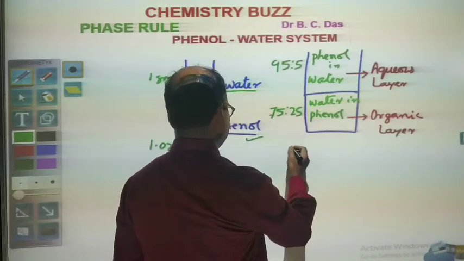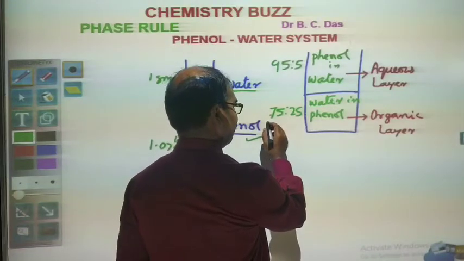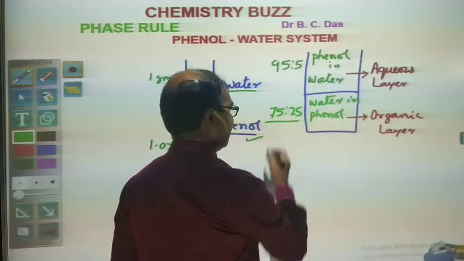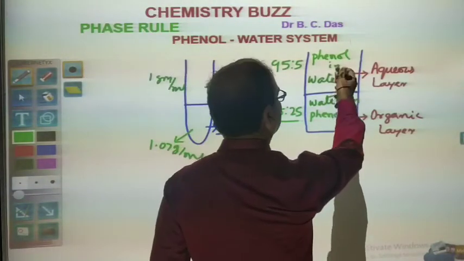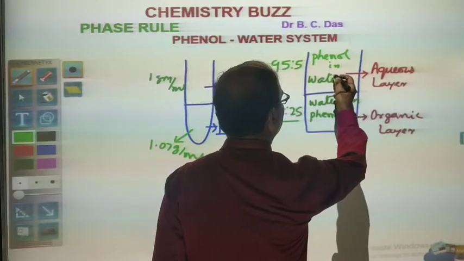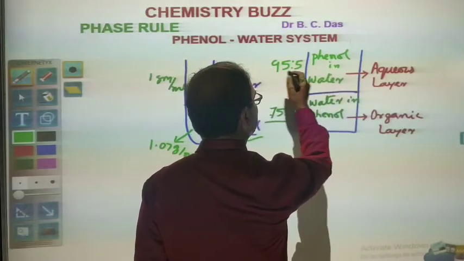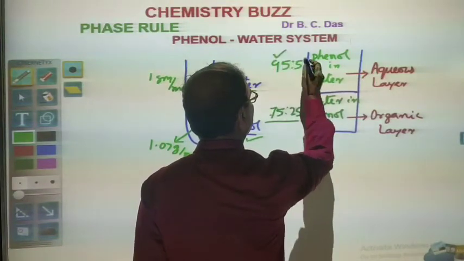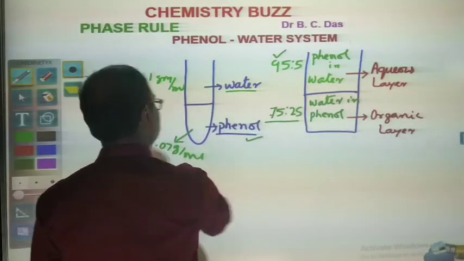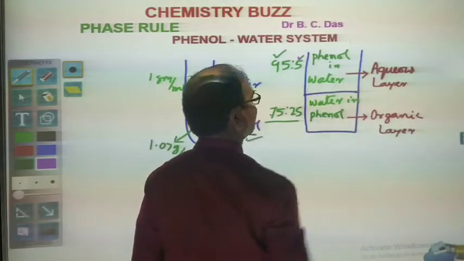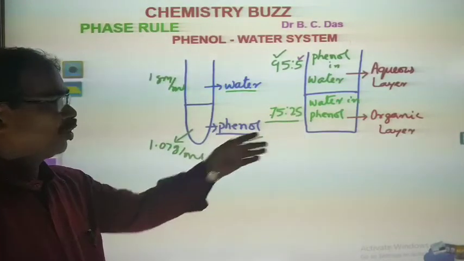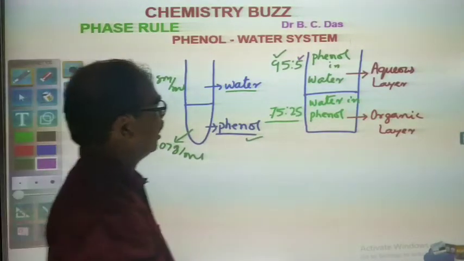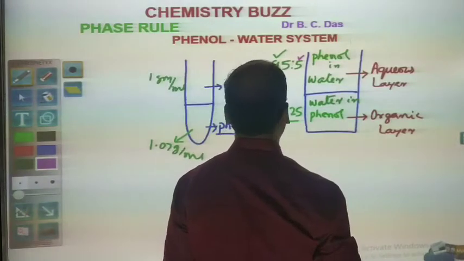That is at 25 degrees centigrade, the percentage of phenol is 75% and water is 25%. And in the aqueous layer, the proportion is 95% water and 5% phenol. So this shows water is more soluble in phenol and phenol is less soluble in water.